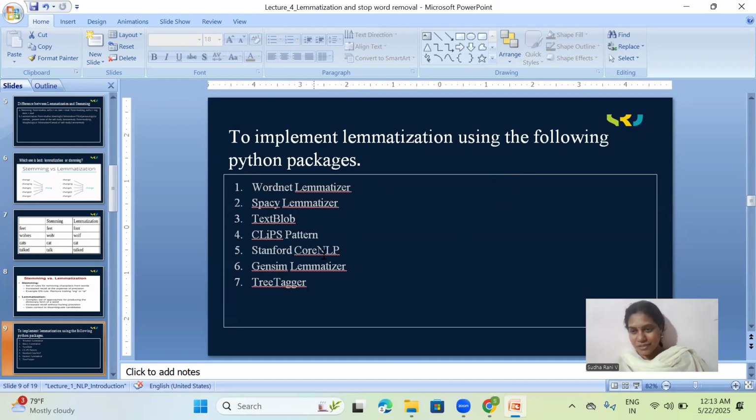So these are the different types of lemmatizers: WordNet lemmatizer, spaCy lemmatizer, TextBlob, Pattern, Stanford CoreNLP, Gensim lemmatizer, TreeTagger.